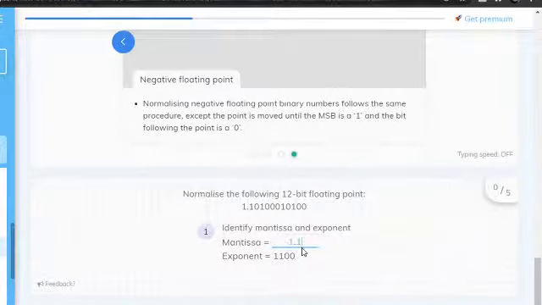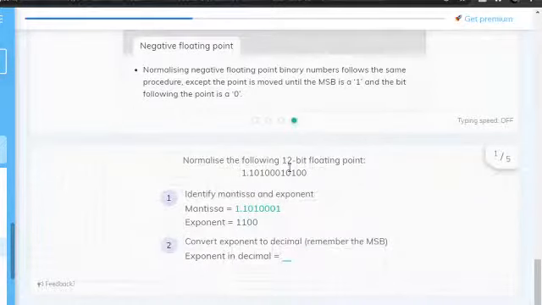So 1.1010001. There we go, that's the mantissa, and the exponent is obviously that, so that's 4. In decimal, wait a second, 1, 2, 4. There's 4, is it not?